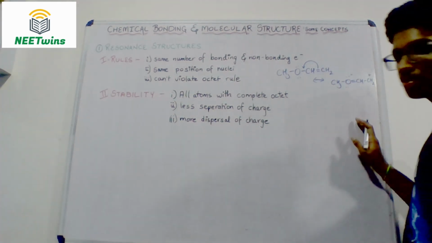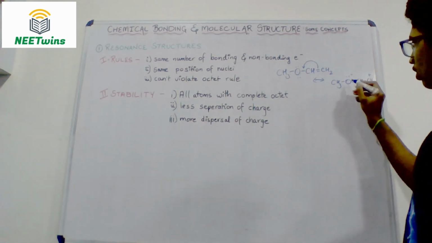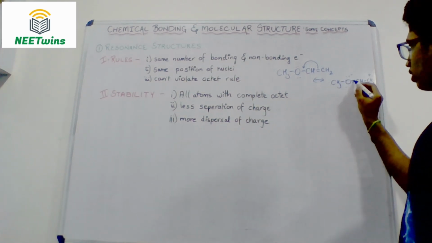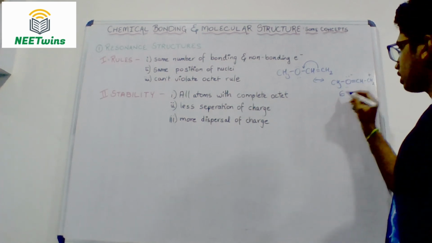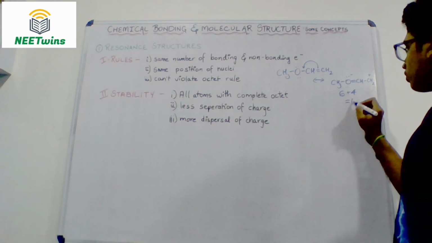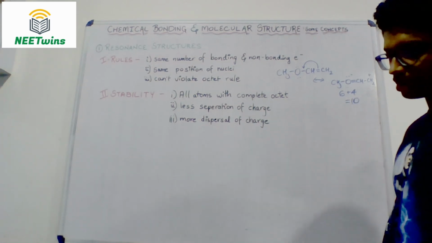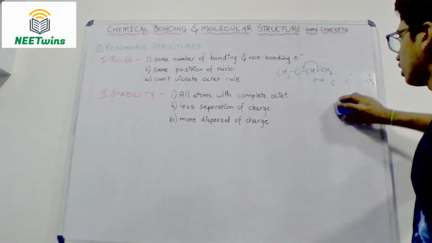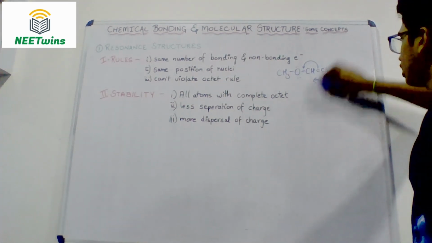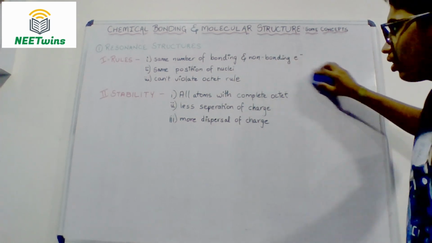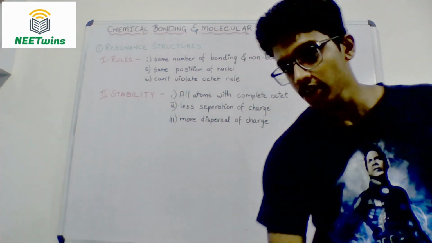Such a structure is not acceptable simply because the oxygen atom over here has 10 electrons around it. 1, 2, and 3 bond pairs which contribute to 6 electrons plus 2 lone pairs that it has. So 6 plus 4 is equal to 10, and since it's violating the octet rule, this resonance structure is not acceptable. That was all about the rules for creating a resonance structure.